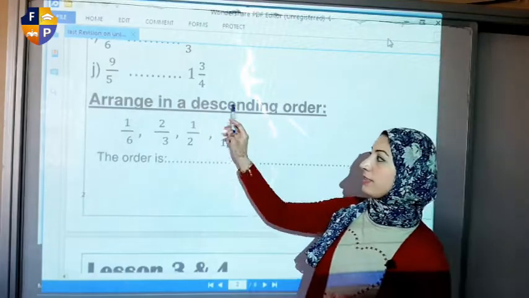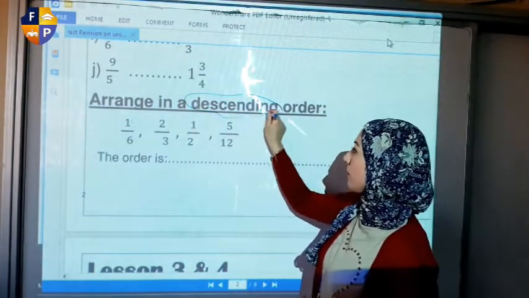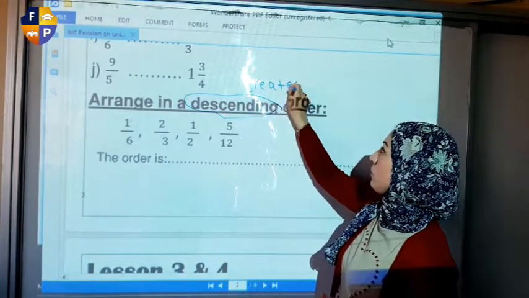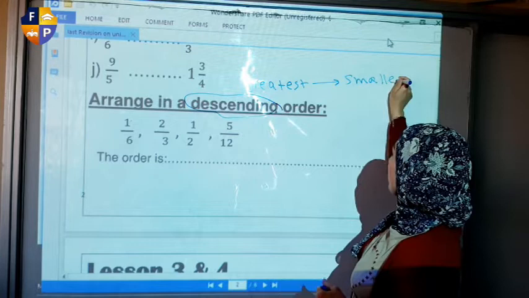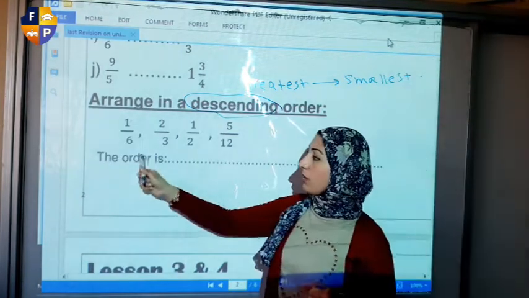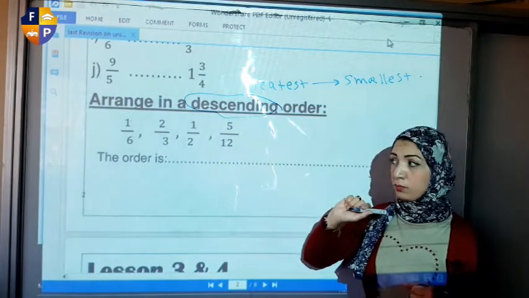Next one. Arrange in descending order. All of you know that descending order means from the greatest to the smallest. Here we have 1 over 6, 2 over 3, 1 over 2, and 5 over 12.